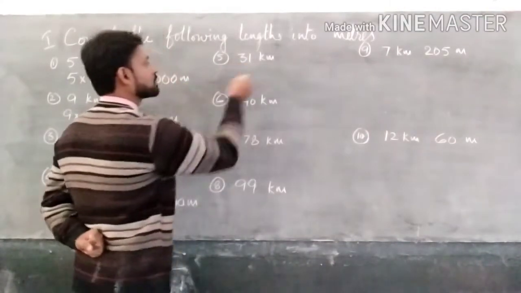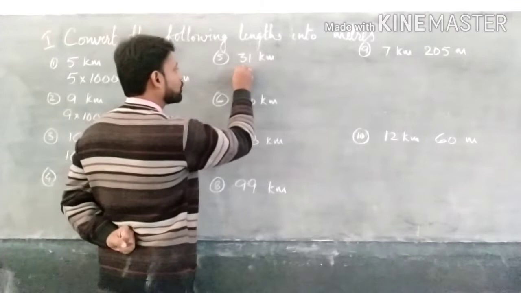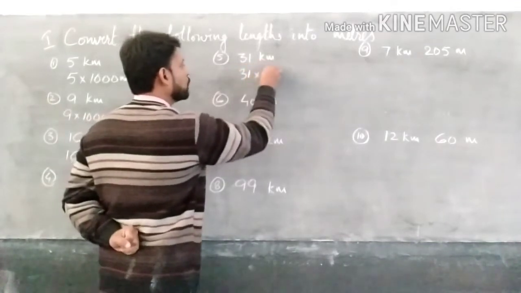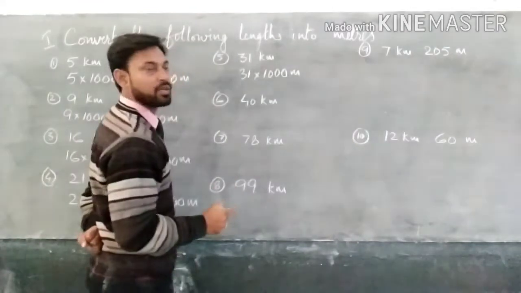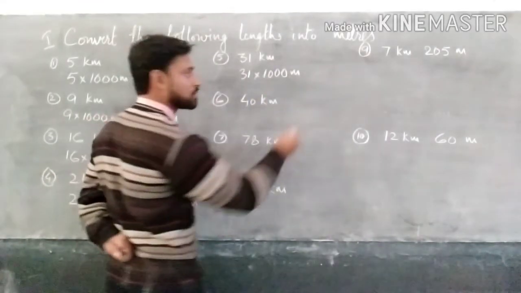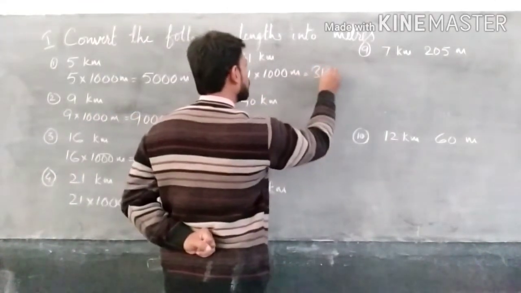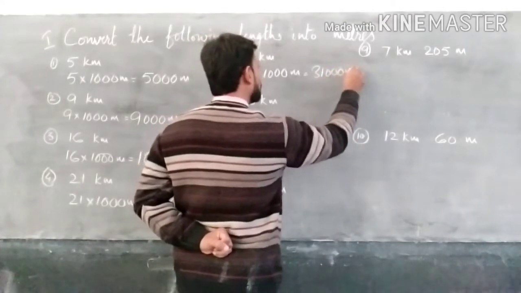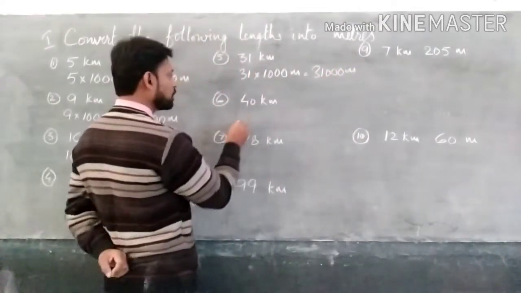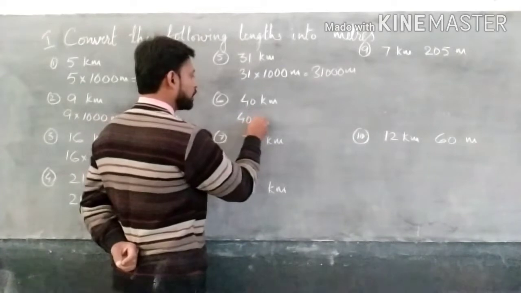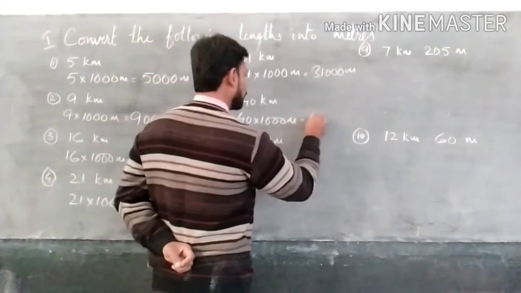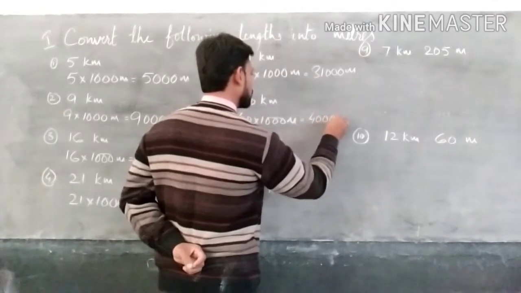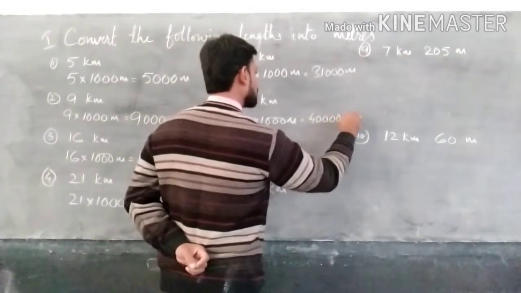Now the next question is 31 kilometers. So what you have to do? 31 into 1000 meters. 1 kilometer equals 1000 meters. So you will write 31000 meters. Now here 40 into 1000 meters. Again, 40000 meters.